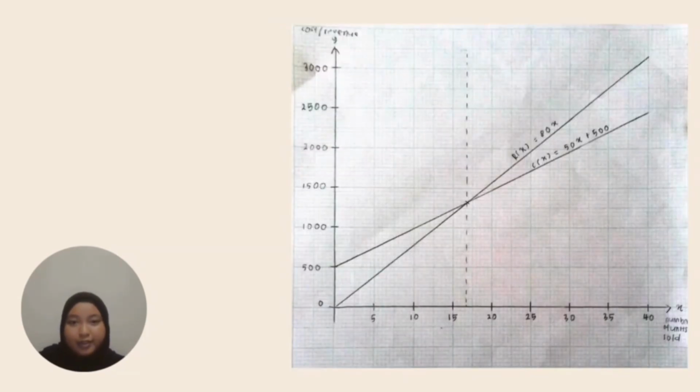So here is the graph that I already plotted, where x is the number of units sold and y is cost and revenue. We have a straight line for the revenue function equal to 80x, and another line for the cost function equal to 50x plus 500, and we have the intersection point here.